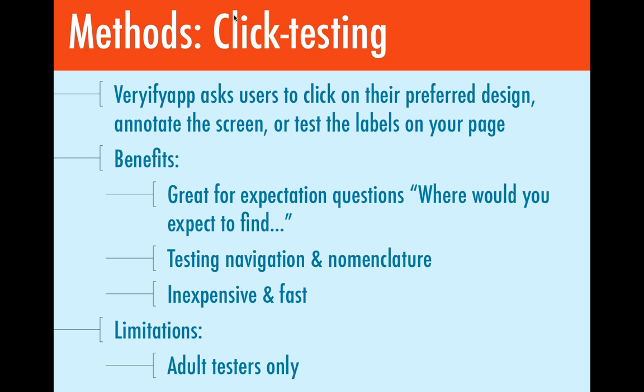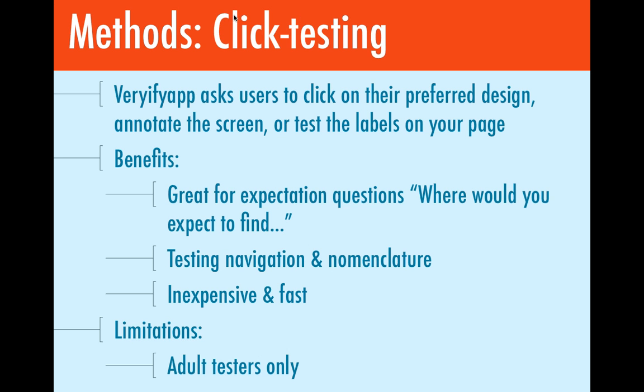They could also annotate the screen, and you could also ask them where they would expect to find, like, a button to click next or the button to apply for a badge. So it's really fantastic as you're designing to test static designs in the mock-up phase.